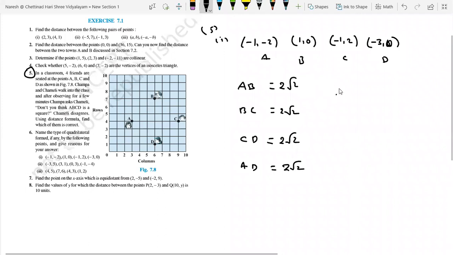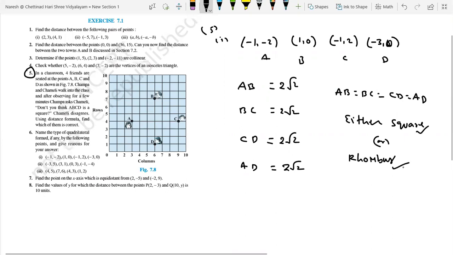So using this data, AB is equal to BC is equal to CD is equal to AD, we can say it is either a square or a rhombus. But we have to confirm whether it is a square or a rhombus. So how to prove? Calculate the lengths of the diagonals AC and BD.